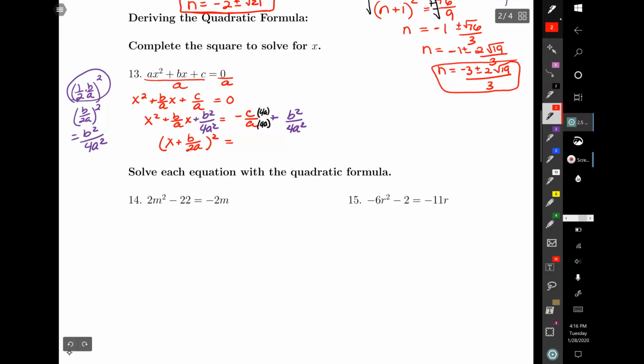And I can do this right hand side simultaneously instead of writing that all out again, and save some room. So we have b squared minus 4ac all divided by 4a squared.